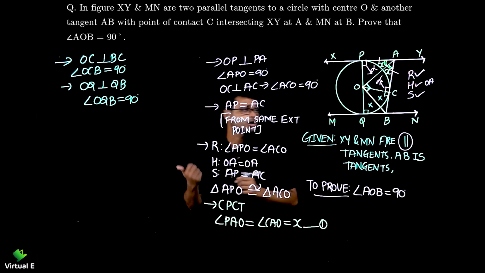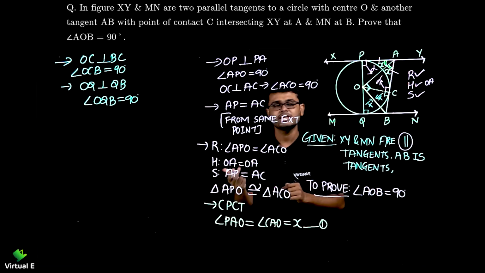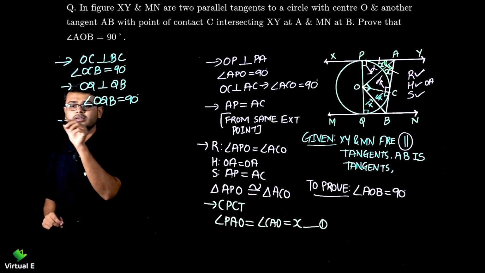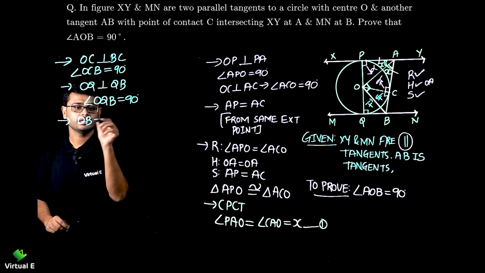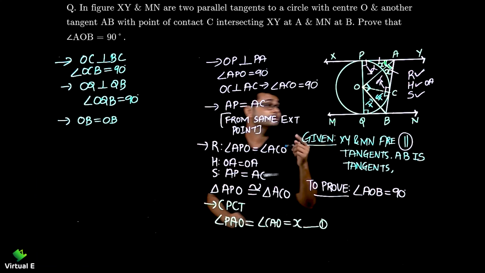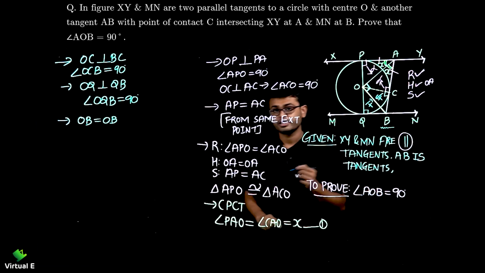Now let's talk about the hypotenuse. Very simple. Opposite to the 90 degree angle is OB here, and OB over here, right? So we are following somewhat the same steps. We can write OB is the common side, so OB is equal to OB. Done. Then about this side, B is the external point over here, right?